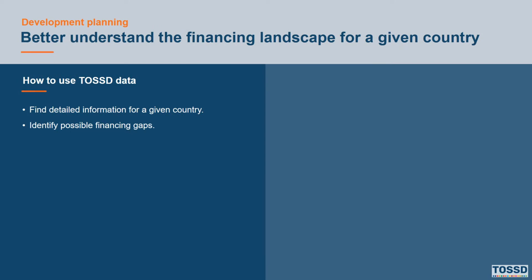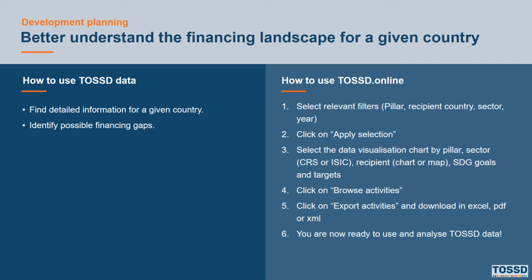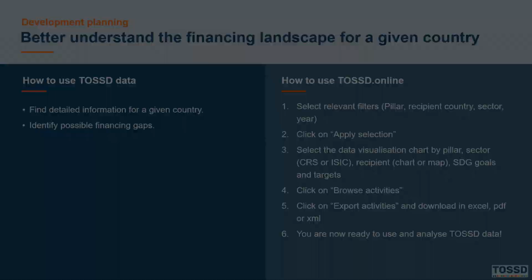We can find on TOSD detailed information for a given country and identify possible financing gaps. All this can be done with the use of the TOSD online data visualization platform.